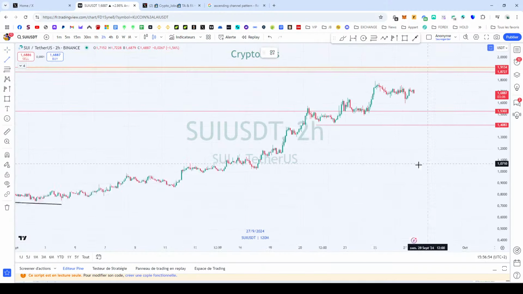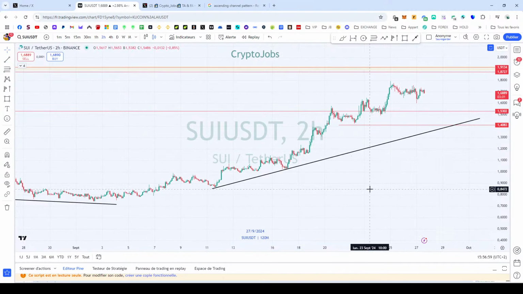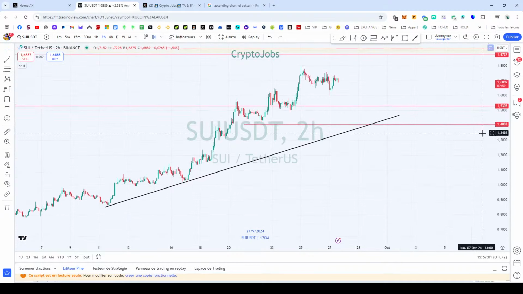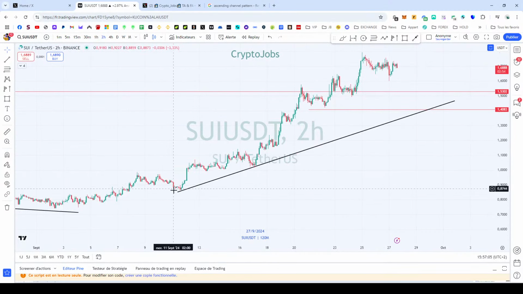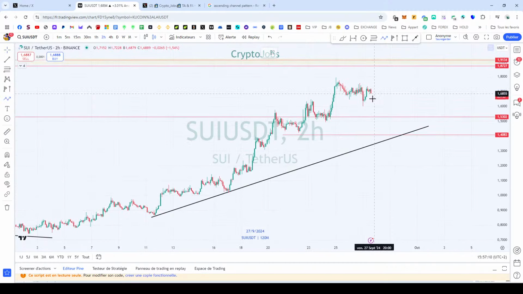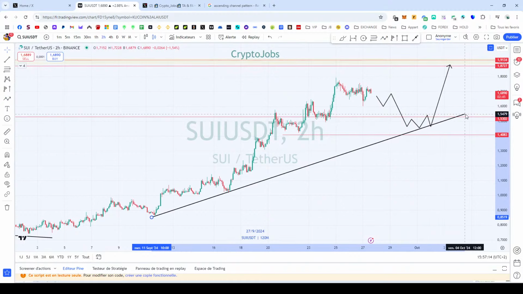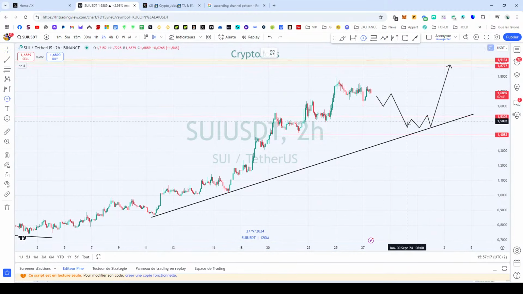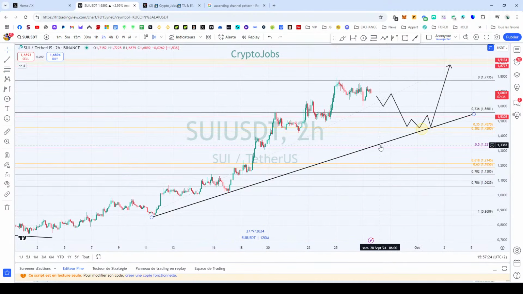So this uptrend for me, if I draw that, you can simply draw the uptrend by connecting the two lowest points here, and if we are facing a dump, prices will more likely, as in the other chart I showed you, react on this level, and it should also correspond, magically, to the golden pocket support lower right there.